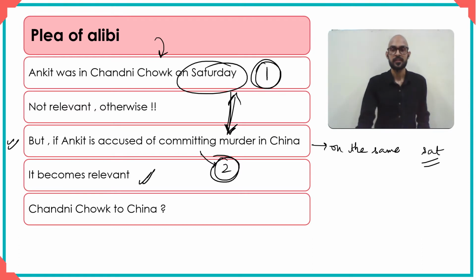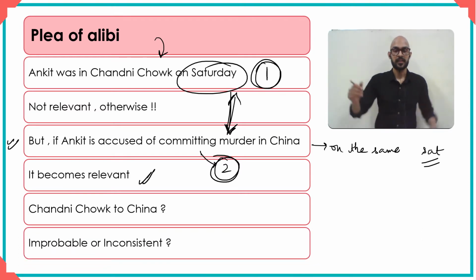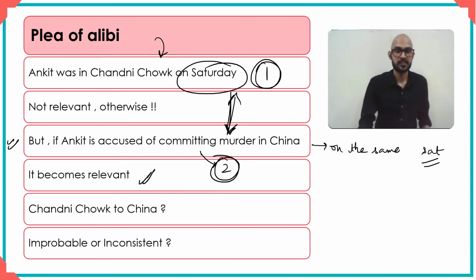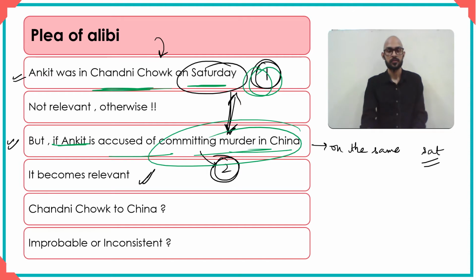Now my question is, is there an improbability of these two things to coexist, or is there an inconsistency between these facts? I want you to pay attention. I'll repeat that for you. Ankit was in Chandni Chowk on Saturday. Fact number one. Fact number two. Ankit is accused of committing murder in China. Or in other words, Ankit committed murder in China.